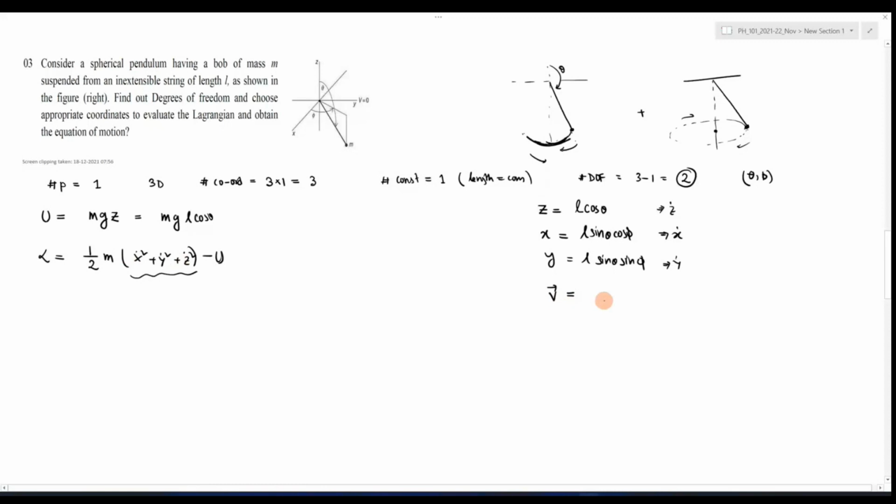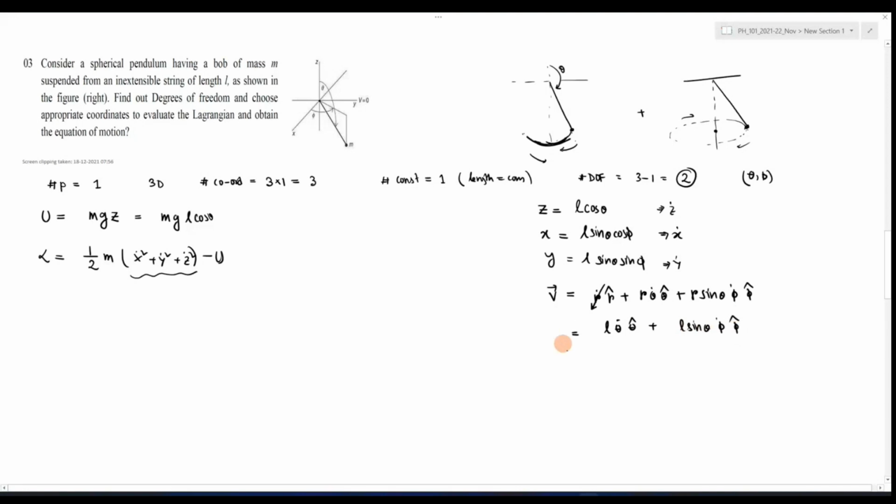It is r dot r cap plus r theta dot theta cap plus r sin theta phi dot phi cap. Because the length is constant, the r dot term will be 0. So this will simply become L theta dot theta cap plus L sin theta phi dot phi cap.